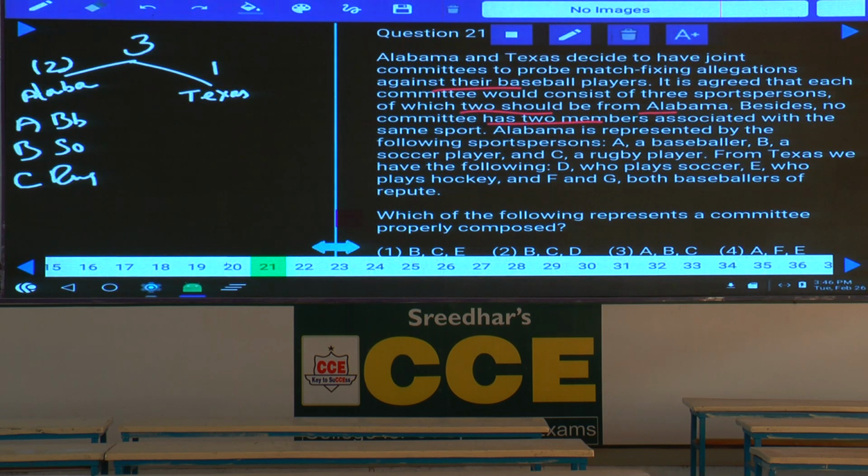Then from Texas, we have the following. D, who plays soccer. Next one, E, who plays hockey. Next, F and G, both baseballers. This is the information provided.